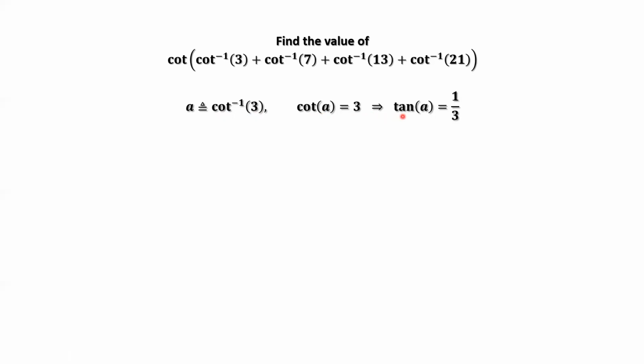Therefore, we have tangent of A equals 1/3. Similarly, by definition of B, we have cotangent of B equals 7. This implies tangent of B equals 1/7.